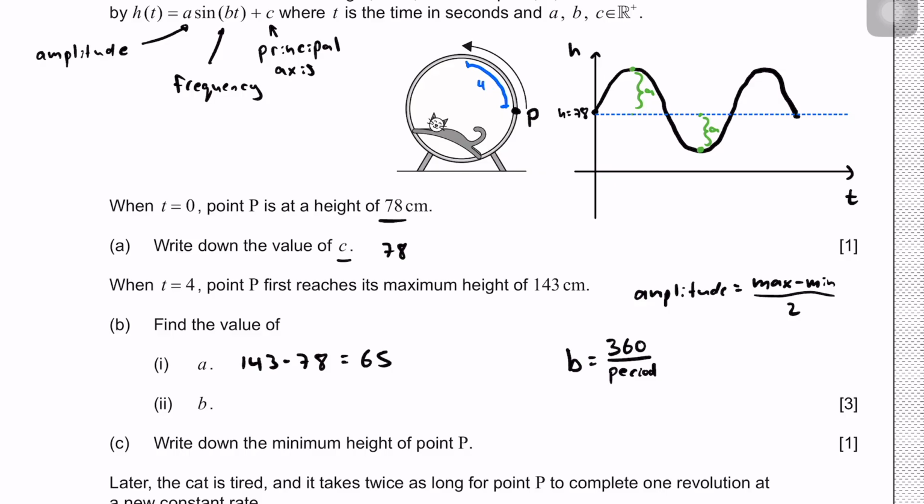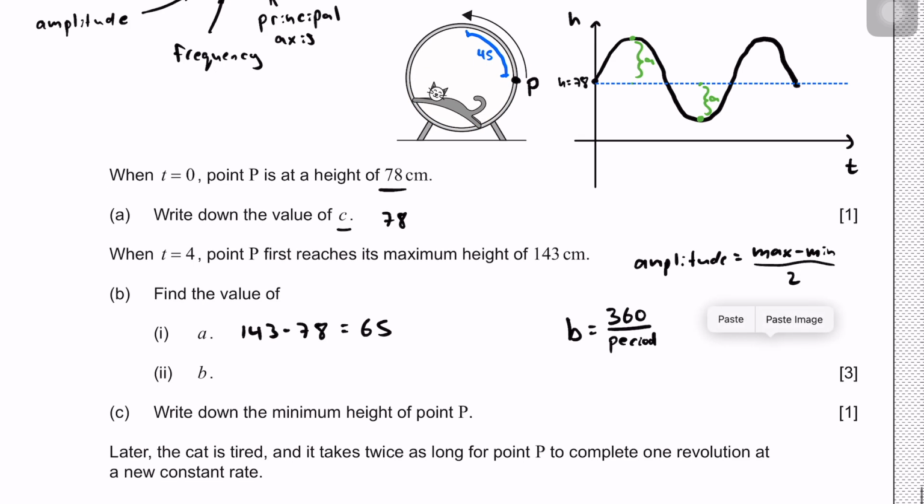And we can infer, if this cat is traveling at a constant pace, then it will take another 4 seconds here and another 4 seconds and another 4 seconds. 4 seconds to go a quarter, it'll take 4 times as much to go through one complete revolution. Therefore, we know that the period is equal to 4 times 4, or 16.